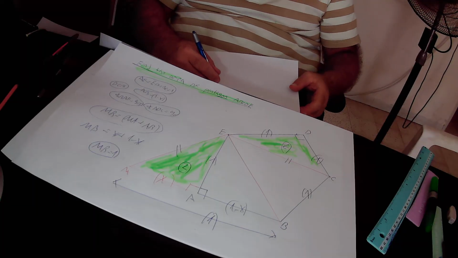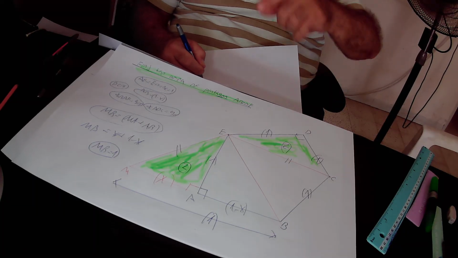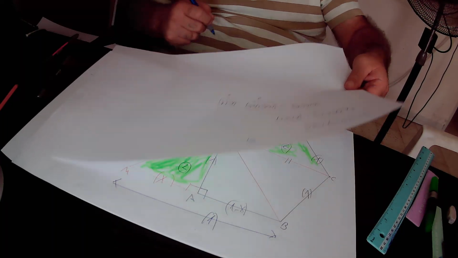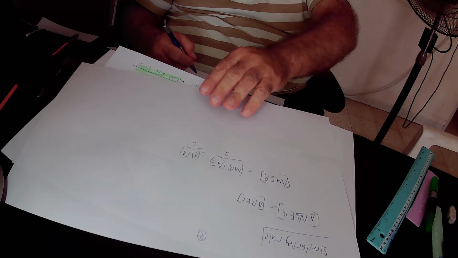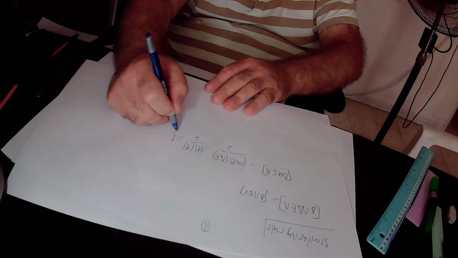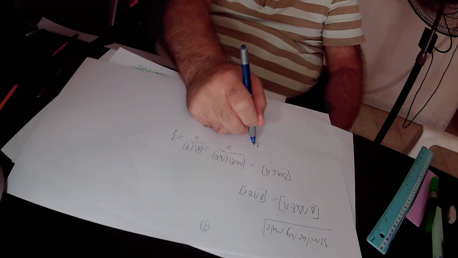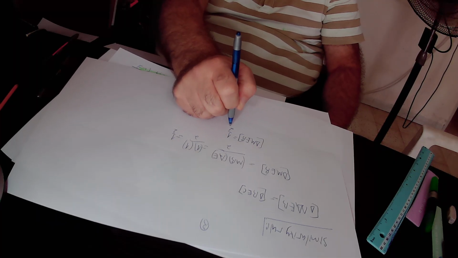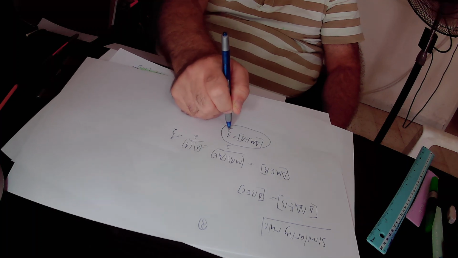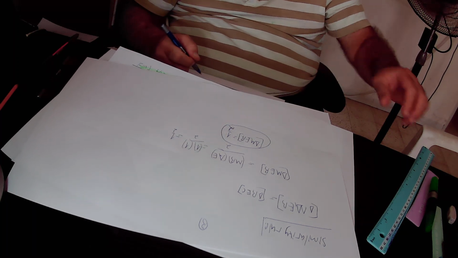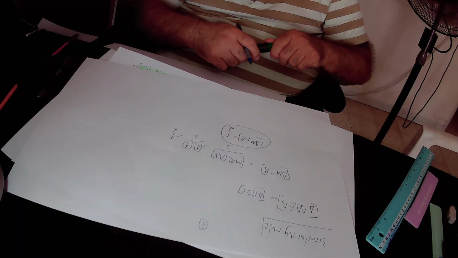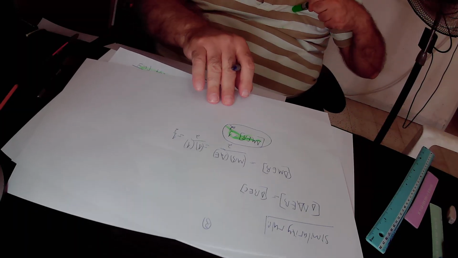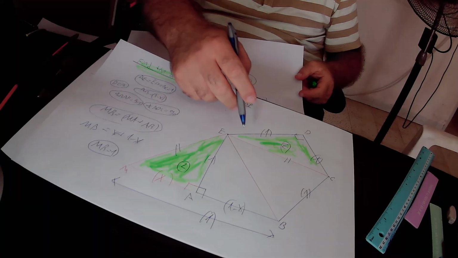MB is 1 times AE, which is also 1, divided by 2. So therefore the area of MEB equals 1 times 1 over 2, that is 1 half. Therefore MEB is equal to 1 half.